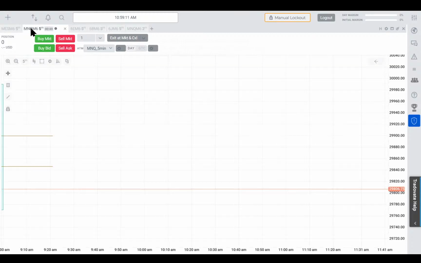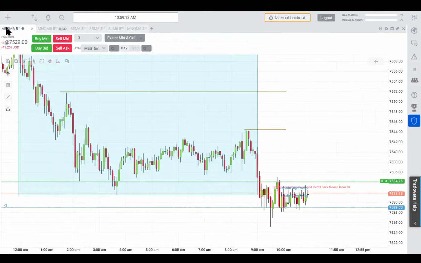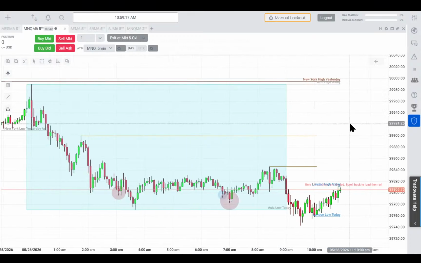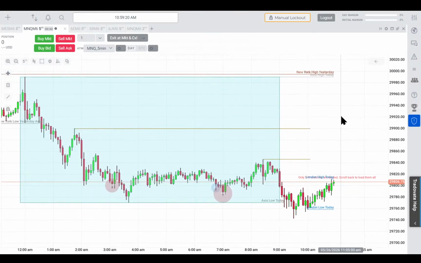I also have the ATM active as well, but you know how that works. If the platform would shut off, the ATM is there, but it doesn't actually work. Like I explained last week, orders can become orphaned because of OCO. And how the ATM works on this platform is different compared to NinjaTrader.